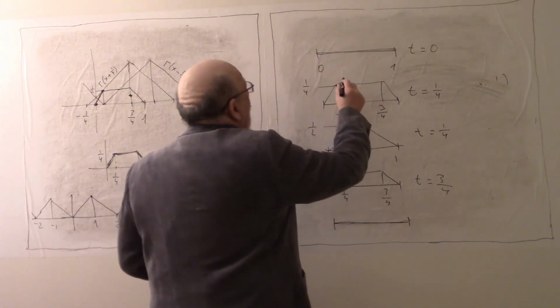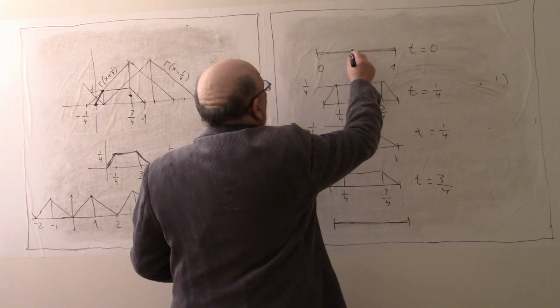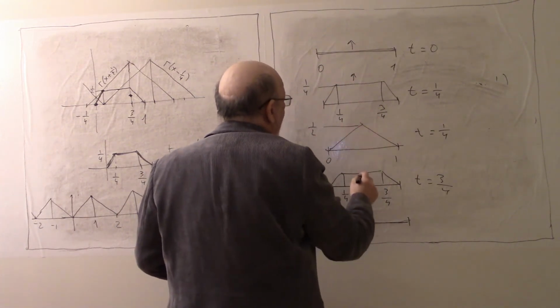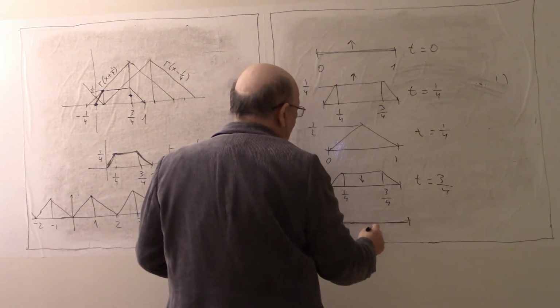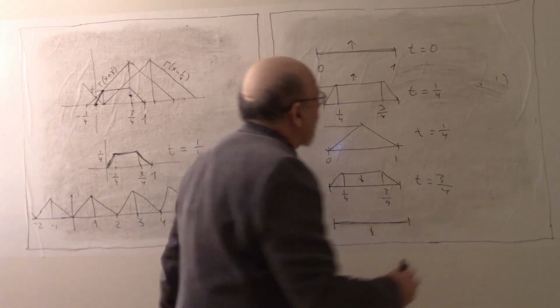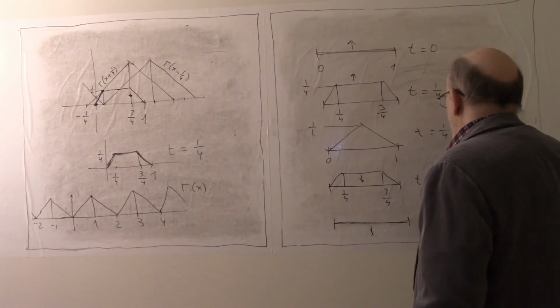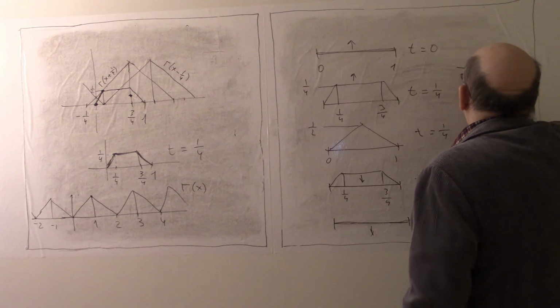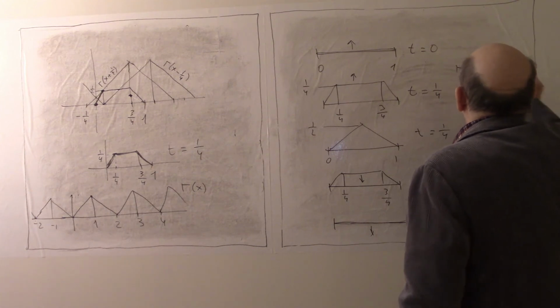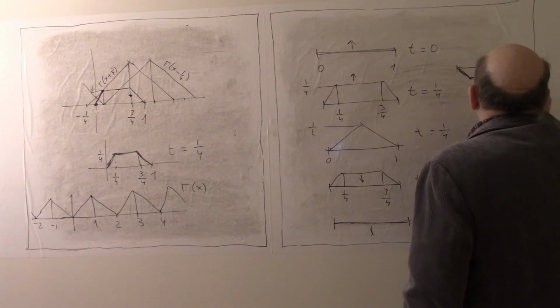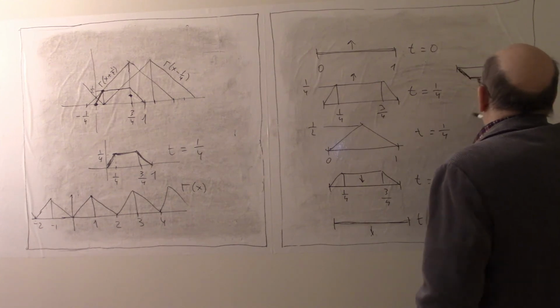Let me draw the direction of velocity. This is growing, this is staying in place, this is going down, this is going down, and then it will repeat for t equal 1. For t equal 1 and 1/4, we'll have this picture. It is t equal 5/4.